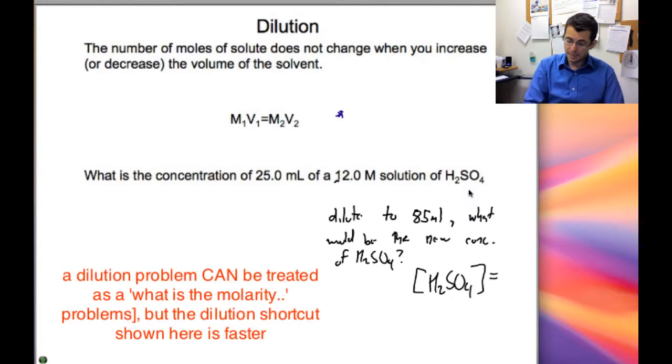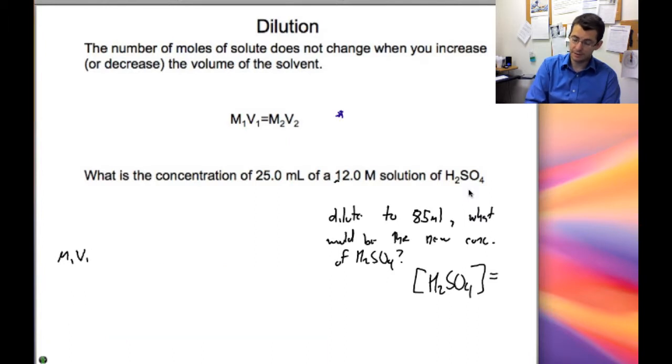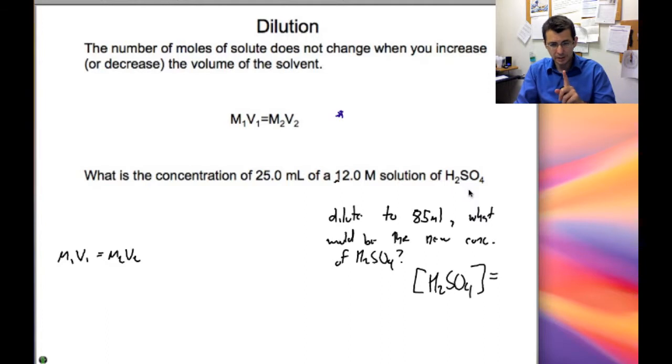Well, we can take advantage of this balance equation, M1V1 is equal to M2V2, that relates molarity and volume, the number of moles, to molarity and volume, the number of moles, of the new solution. And what's nice about this is that you don't necessarily have to convert everything into liters, because as long as you're working within the same units, you can use this relationship, since the units cancel.